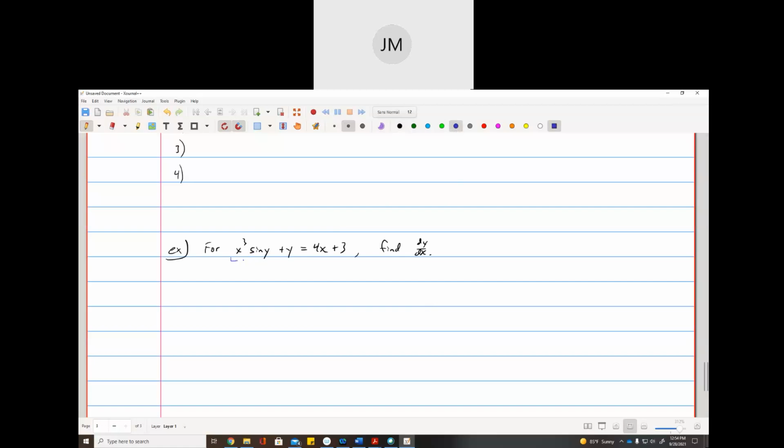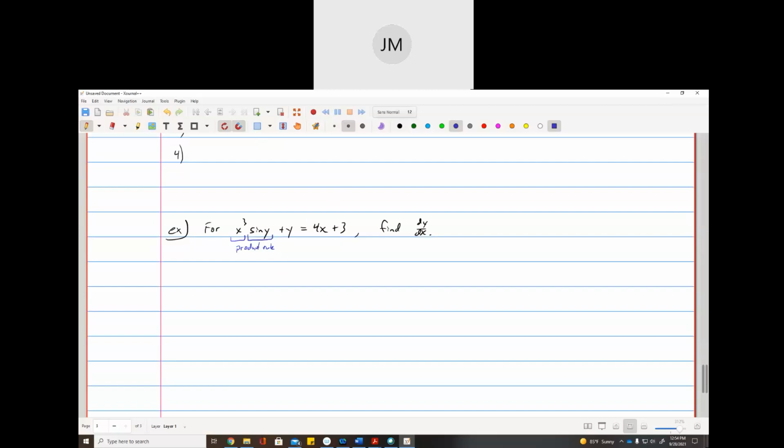When I look at this, I say there are two multiplied functions here, so I'm going to use a product rule on this piece. So when I write it out, and I'm going to be very careful here, when I use the product rule, we take the derivative of the first piece times the second piece left alone plus the first piece left alone times the derivative, where x is my variable, of the second piece.